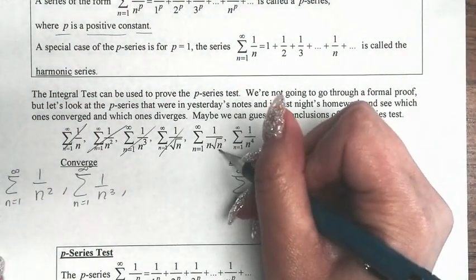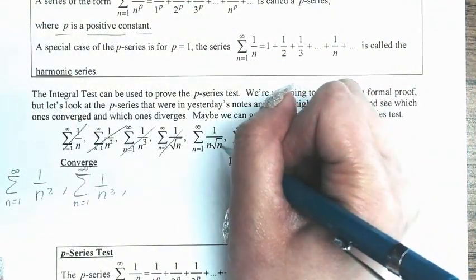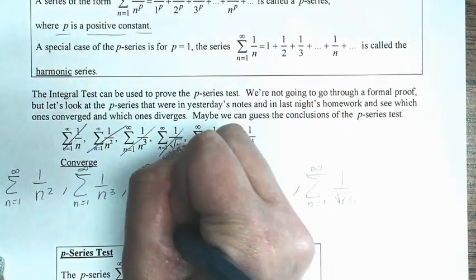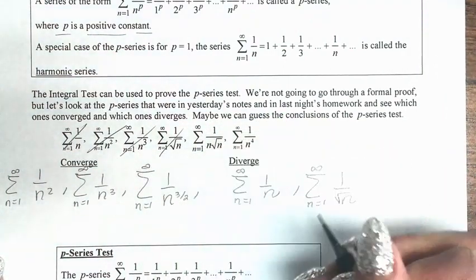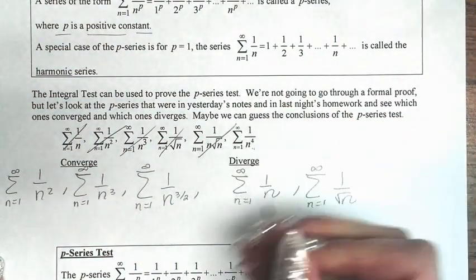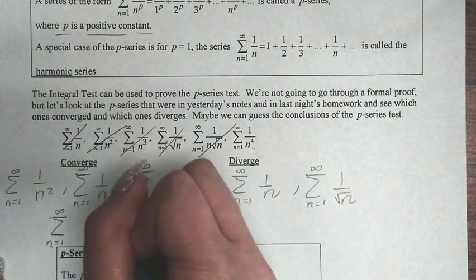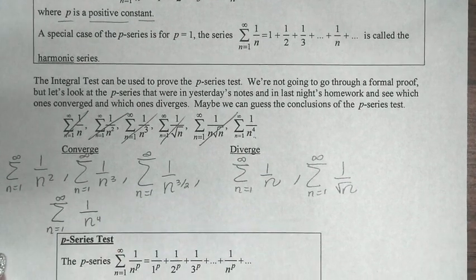What's going to happen with this one? The exponent is 3 over 2, so that one is going to converge. And this one over here, the summation from n equals 1 to infinity of 1 over n to the power 4, is going to converge as well.